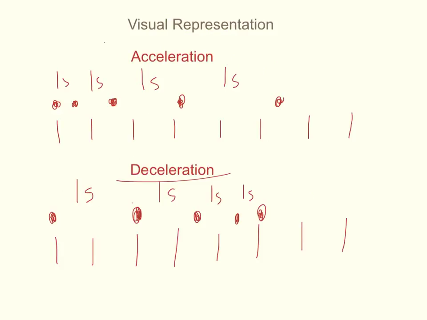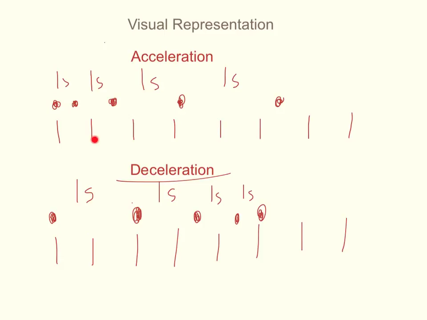The last thing for today is I want to show you a visual representation of what acceleration and deceleration actually would look like. So we're going to focus on the top half of this example for starters, where I'm showing an object undergoing acceleration.